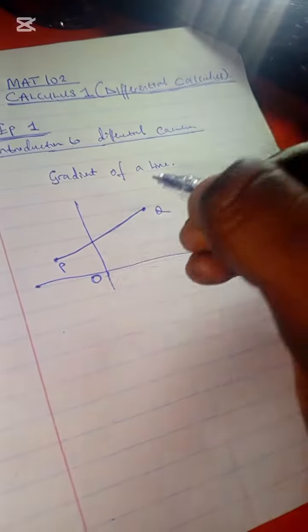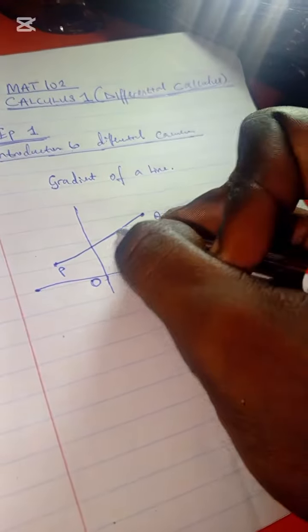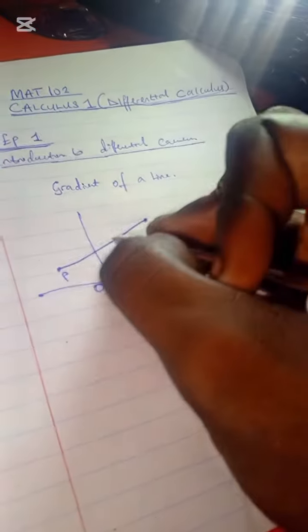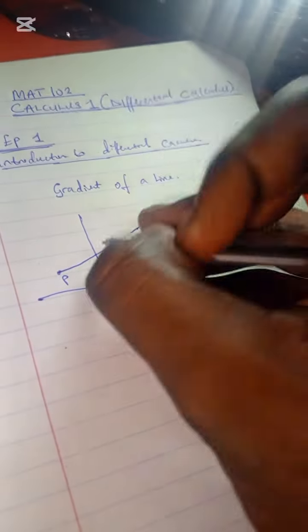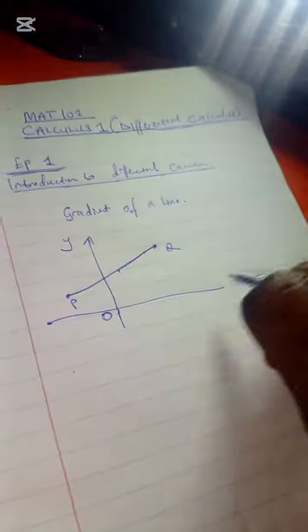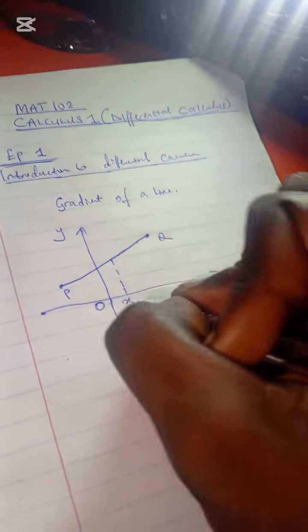Now I want to pick any random point on this line. So I will go with this and this. Tracing it down to the x-axis, this is the x-axis, right? Don't forget, this is y, this is x. Tracing it down to the x-axis, I will call this my x1.